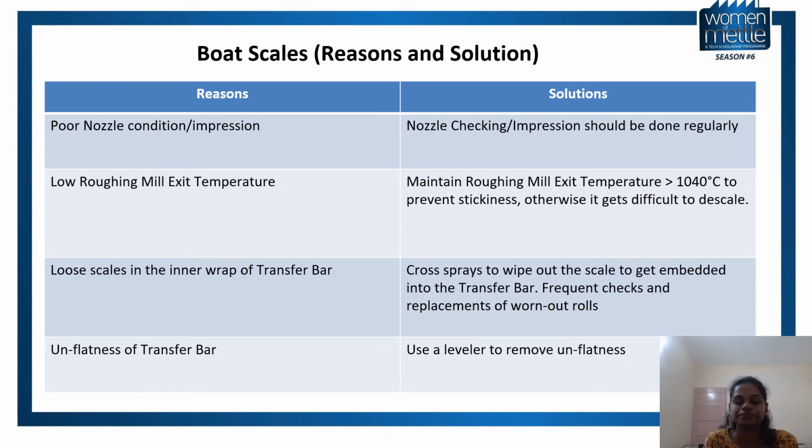In case of trapped loose scales, we can use cross section sprays and then wipe out the embedded ones. And of course, frequent checks on the worn out rolls and descalers. For unflatness of the transfer bar, we can use a leveler to flatten the surface. That's pretty much how to reduce boat scales.